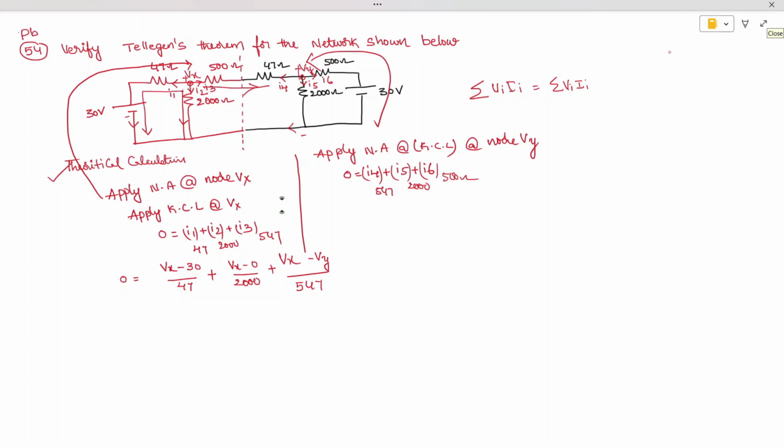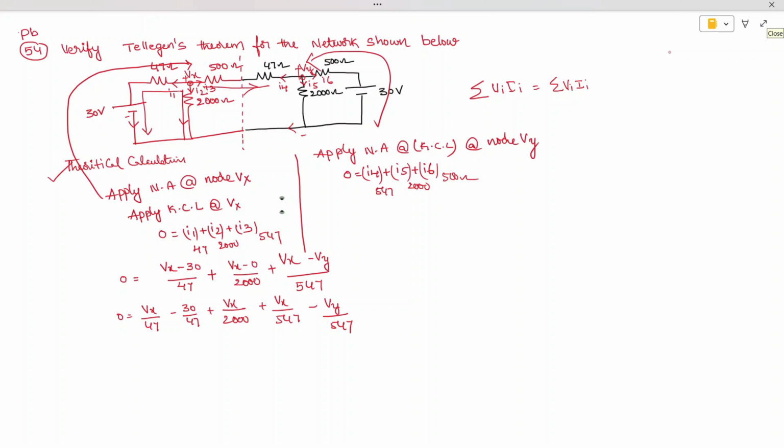Now we need to find the values of Vx and Vy. In order to segregate, let's write this down. This is Vx by 47, minus 30 by 47, plus Vx by 2000, plus Vx by 547, minus Vy by 547. Separate the constant and these terms.